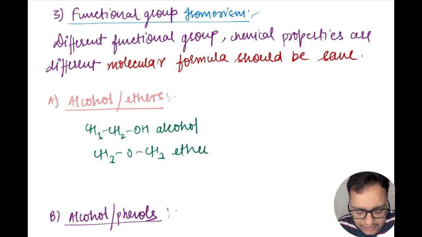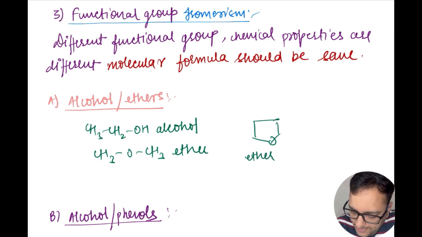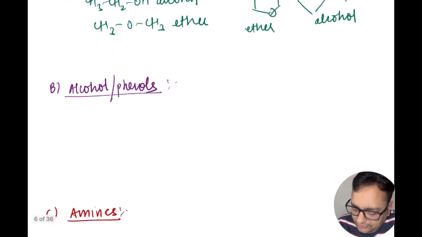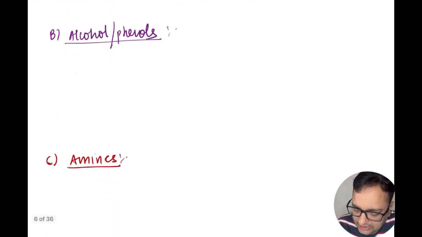So alcohol and ether are both functional group isomers. Ether and alcohol have the same molecular formula and different functional groups, so these are known as functional group isomers.